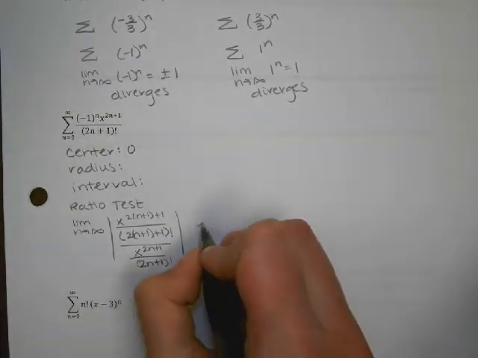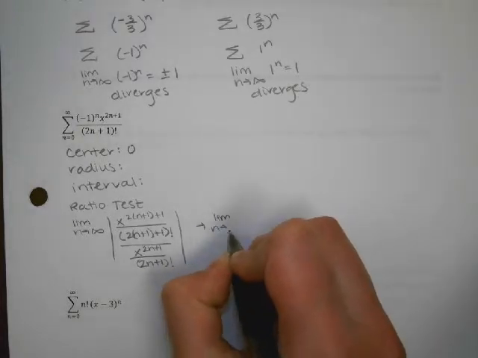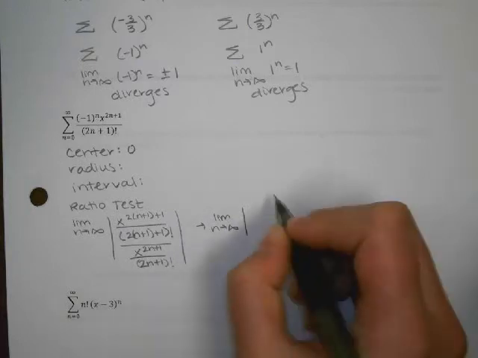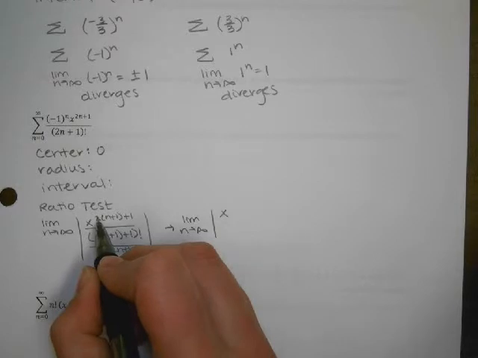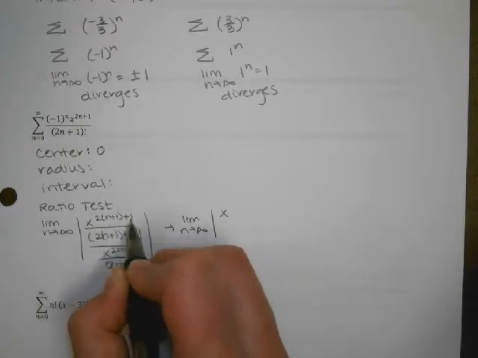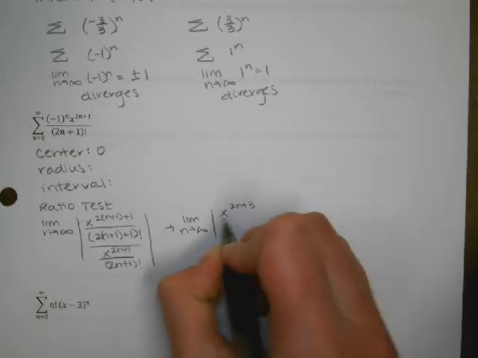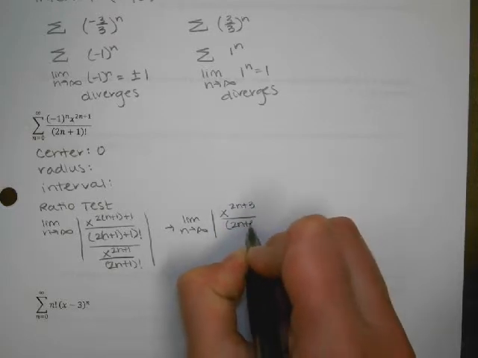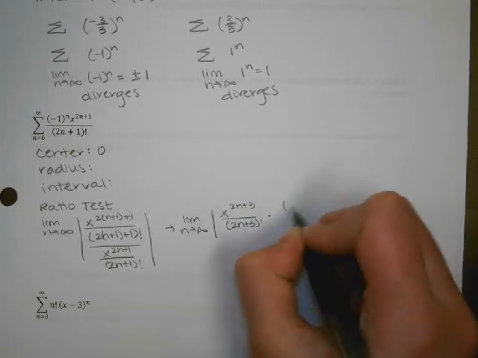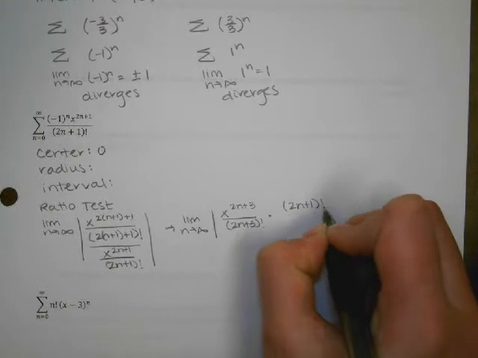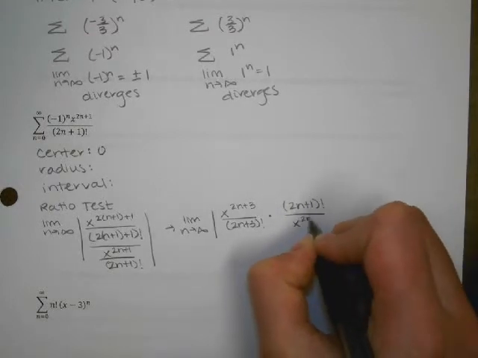All right, and then I'll go ahead and fix this. So that's the limit as n goes to infinity, and I'm going to fix it by doing keep it, change it, flip it. So this is x to the 2n plus 2, and then plus 1 more, so that'd be 2n plus 3 over 2n plus 3 factorial times, and if we flip the other one up, that'd be 2n plus 1 factorial over x to the 2n plus 1.